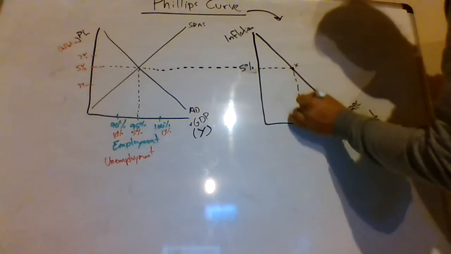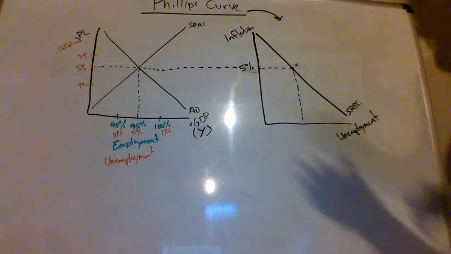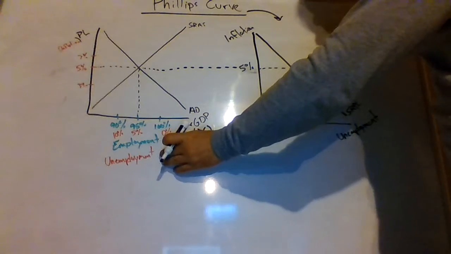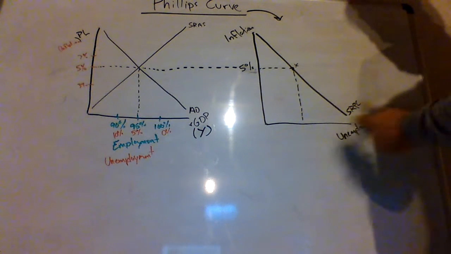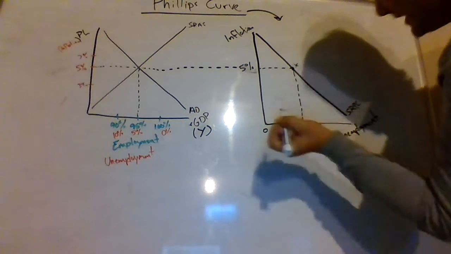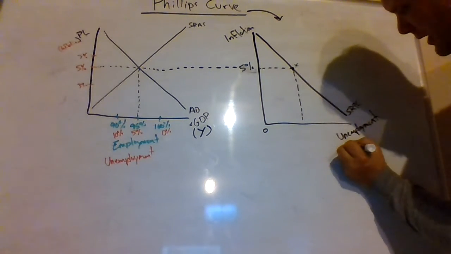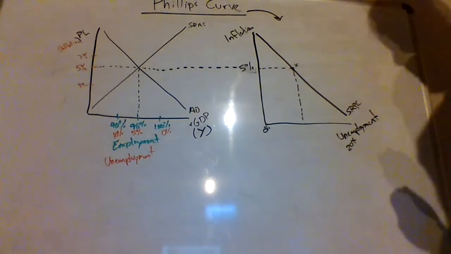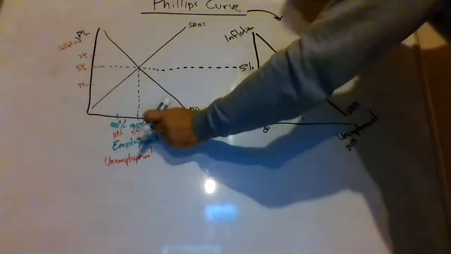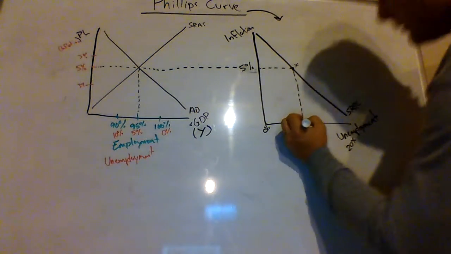Now, here's the tricky part about what I just showed you with kind of my cheating here: this is our unemployment line now. So it goes from 0, and let's just top it off at like 20% over here. So obviously right here, our unemployment is going to be 5%.